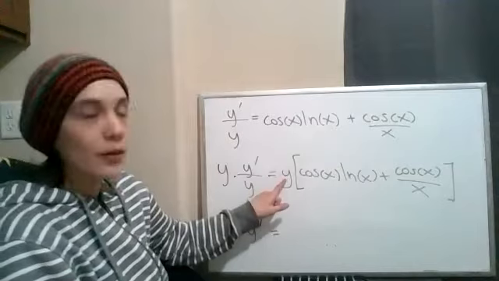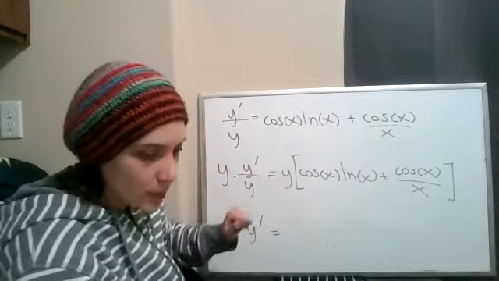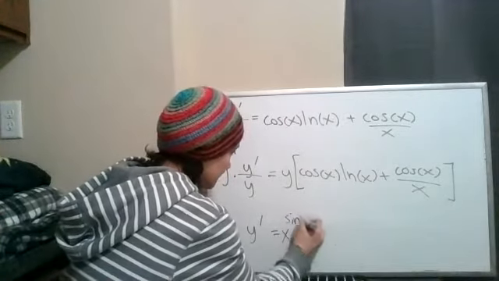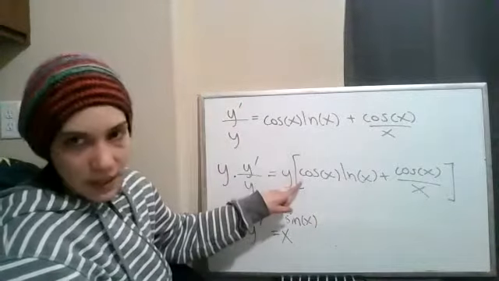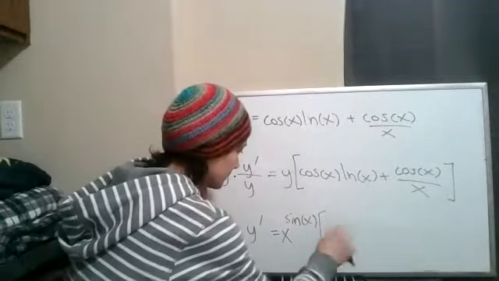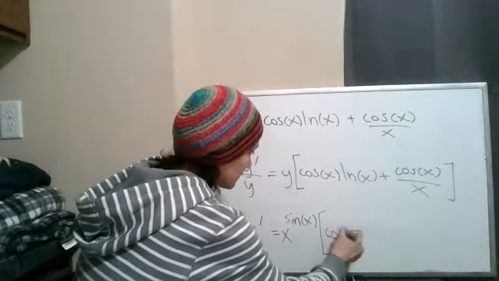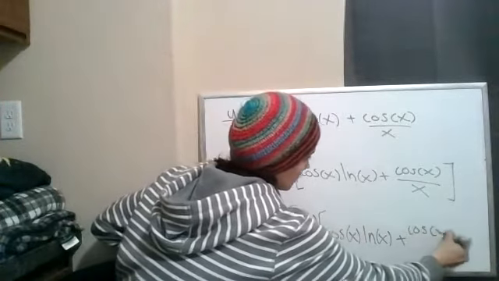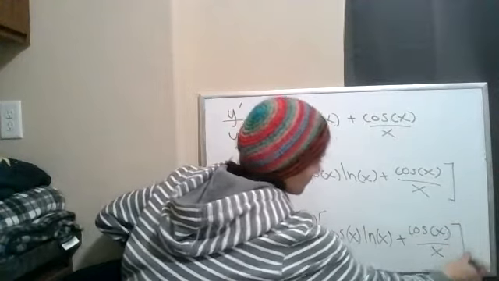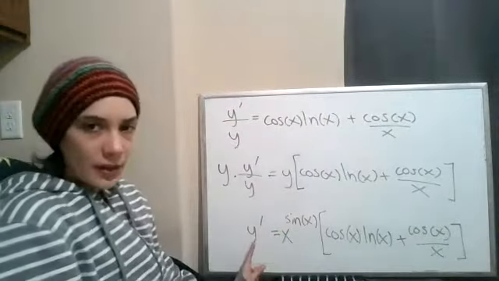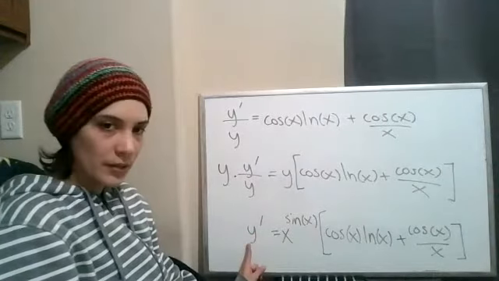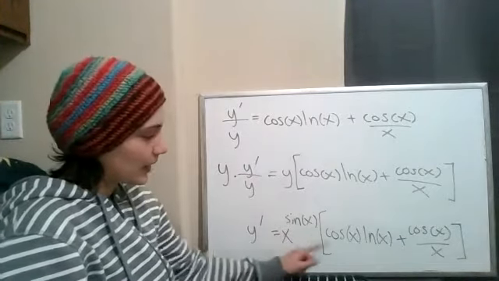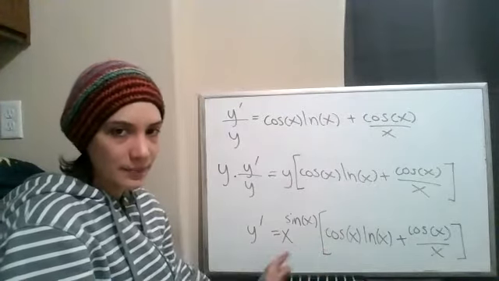And on this side, put back what y was equal to, which is x to the power of sine of x, and then multiply with everything else. So I've gotten the derivative of y, the derivative of y with respect to x, and it's all written back in that variable x.